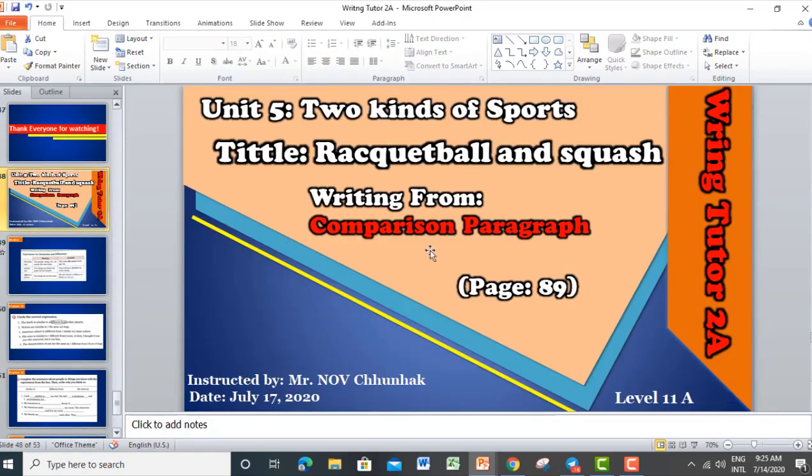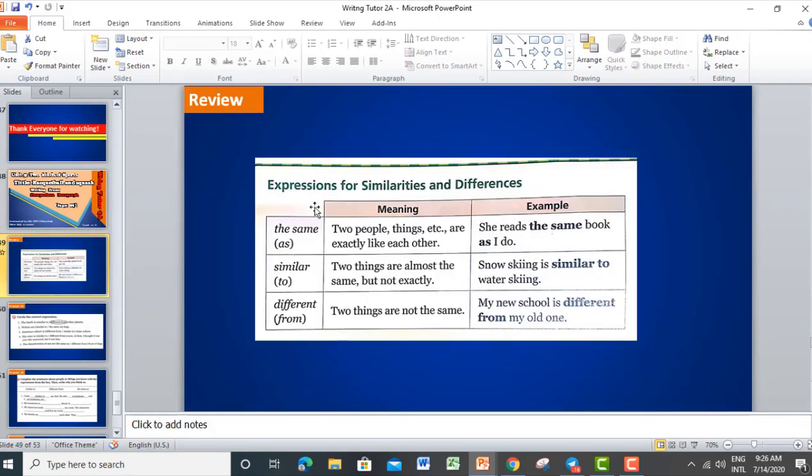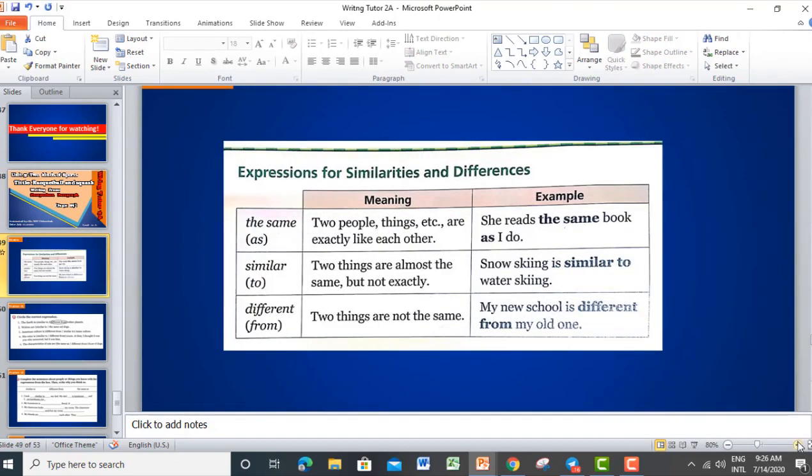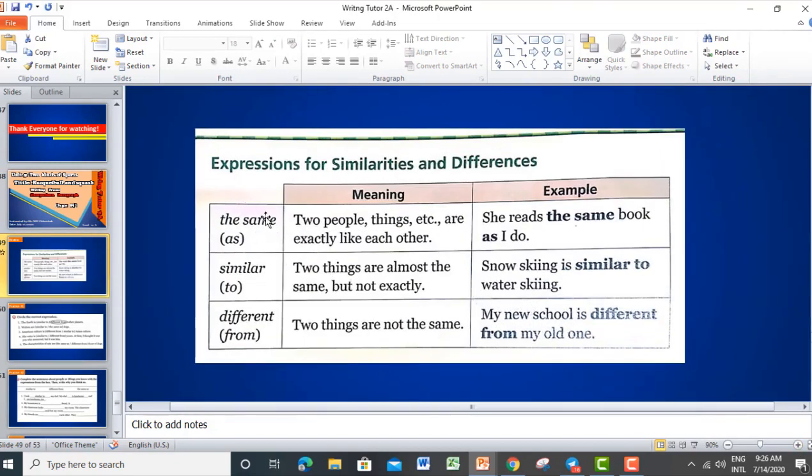Okay, so you still continue your lesson about the comparison paragraph, okay? And this is some of the lesson that you have learned yesterday about the expression of similarity and differences, okay? And you have like the same as, similar to, and different from, okay?